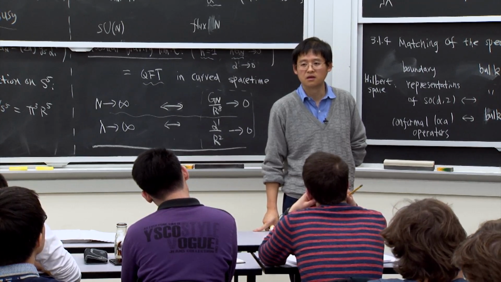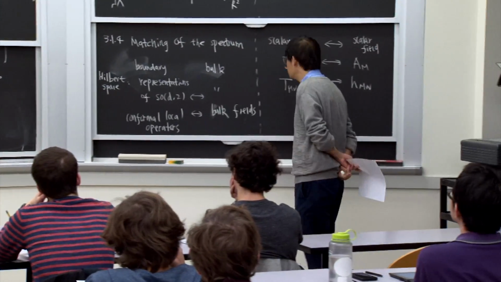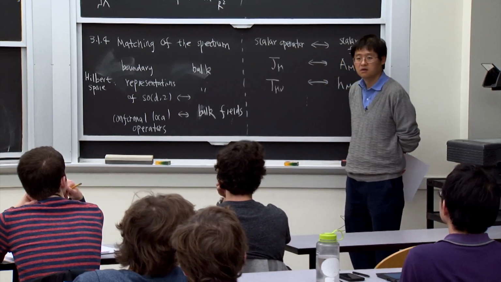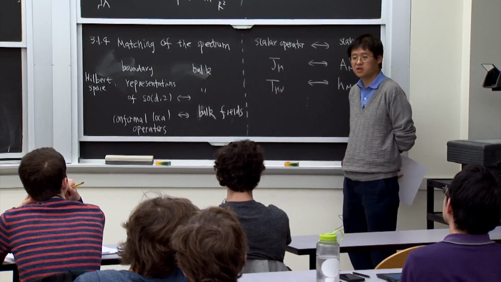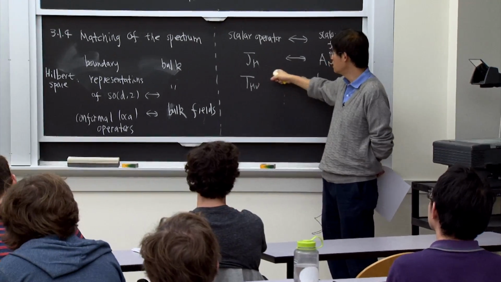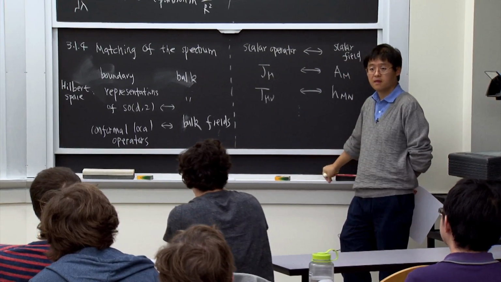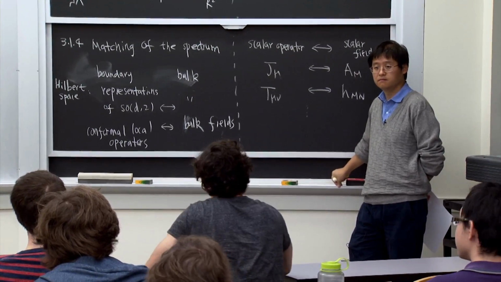Sorry? No, in the field theory side, there's no massless spin-2 particles. They map to some field in the gravity side in the 5 dimensions. So this is some 4-dimensional operator. Then this maps to some 5-dimensional fields. I need to think about my question better.